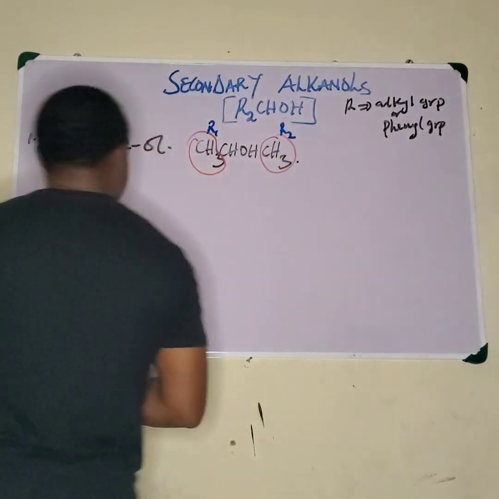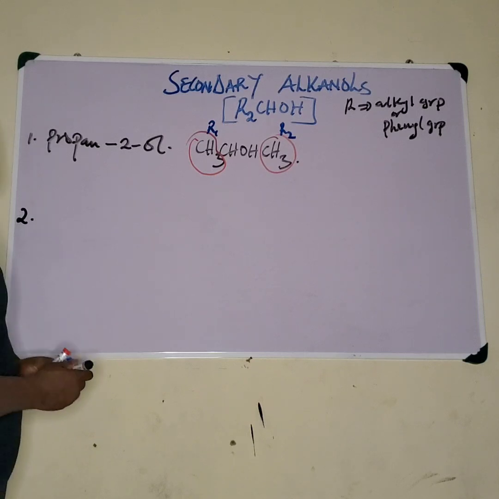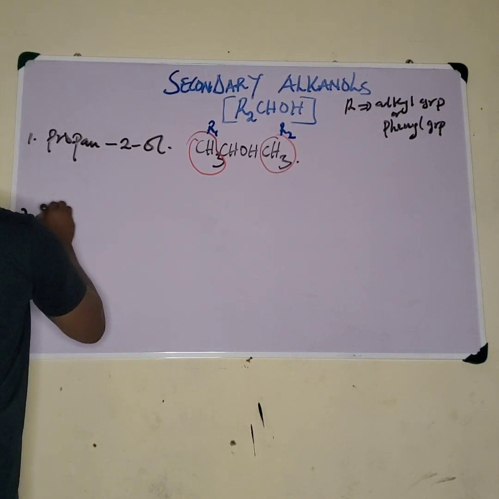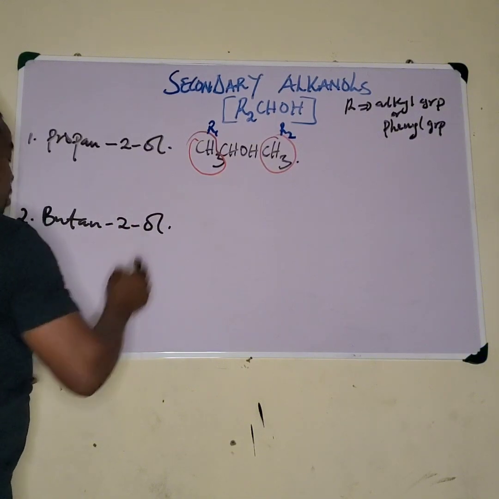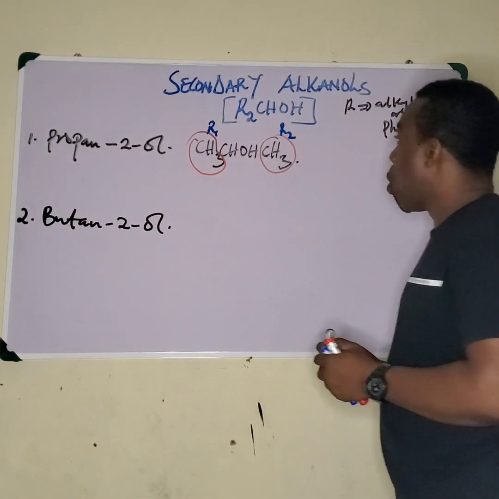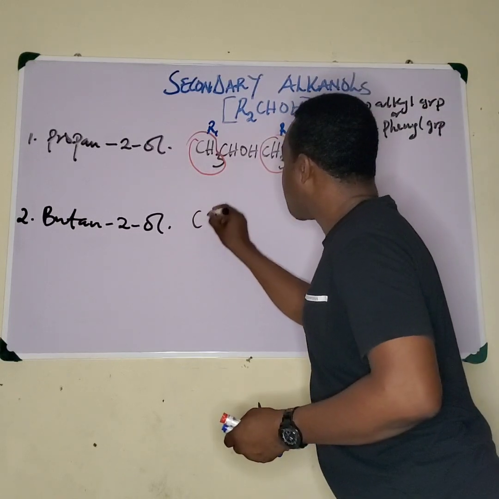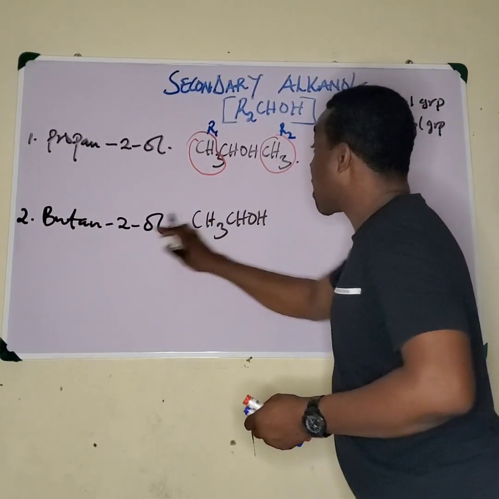Okay, so the second one I have is butan-2-ol. And why is butan-2-ol a secondary alkanol? We will see. So we have CH3, CHOH, because I'm talking about 2.